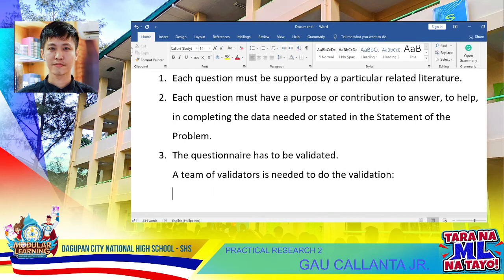It is actually composed of 3. Number 1, or letter A, one of the members must be a specialist or specialize in the field of your topic, of your research topic.